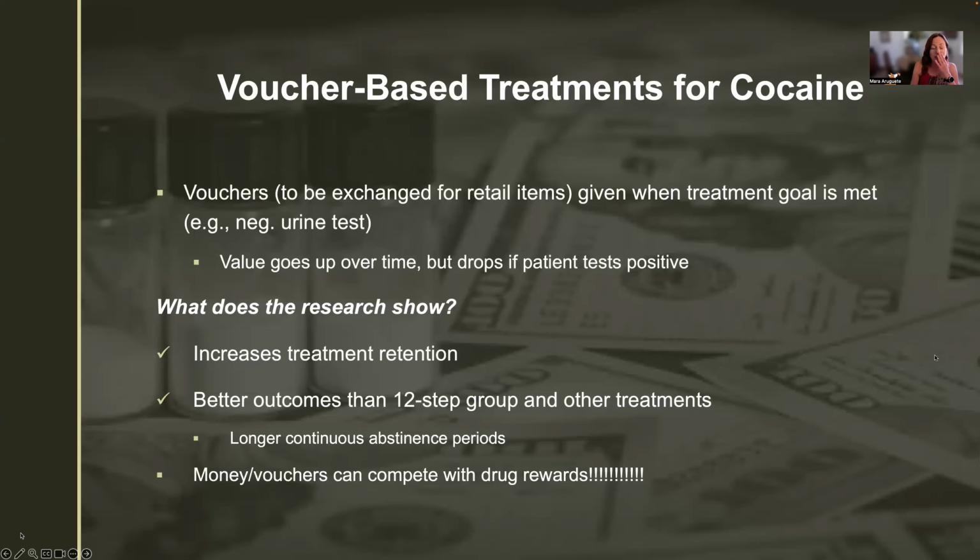And so what does the research show? Well, it keeps people in treatment way better than other treatments. And in fact, it has better outcomes than 12-step groups like NA, AA. And this is saying a lot because NA and AA have been some of the most effective treatments we've had. This is even better, and it's better than many other treatments.